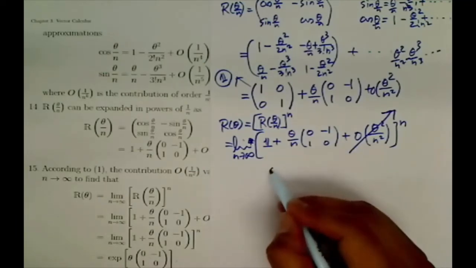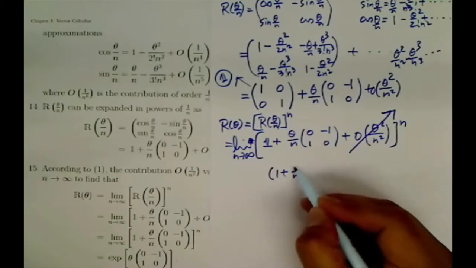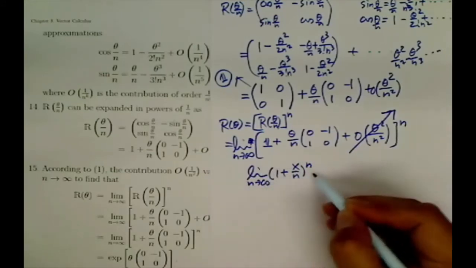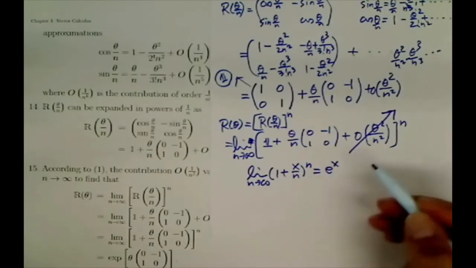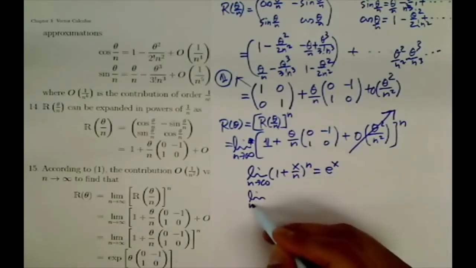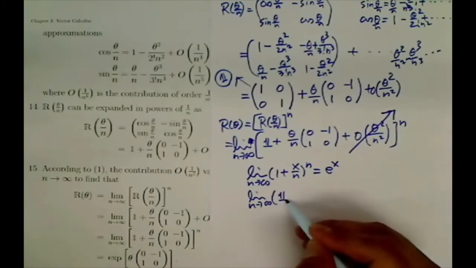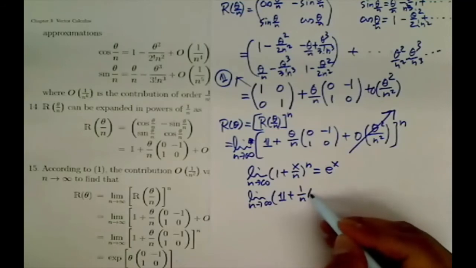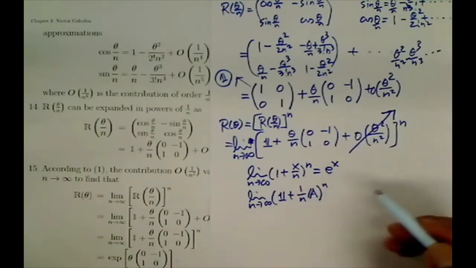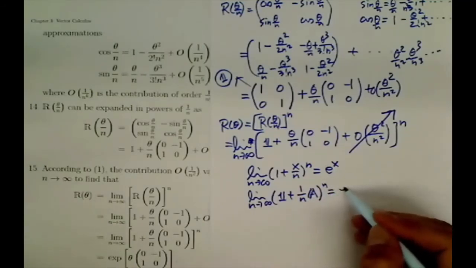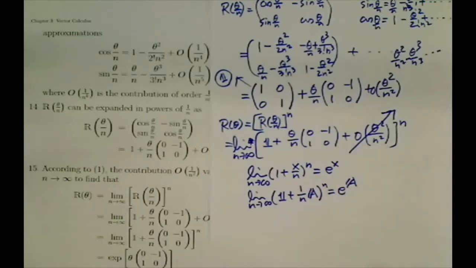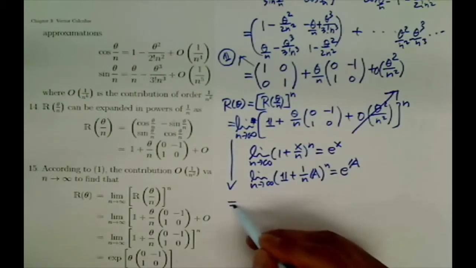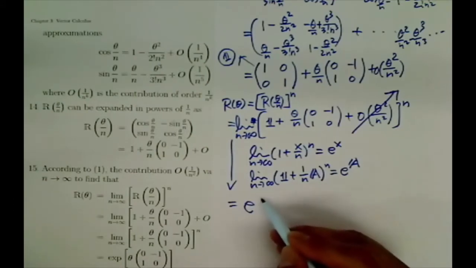And we recall that 1 plus x over n to the n, in the limit n goes to infinity, is exponential x. In a similar manner, as n goes to infinity, the identity operator plus 1 over n times matrix A, to the nth power, is just the exponential of matrix A. Therefore, our result becomes e to the theta A.